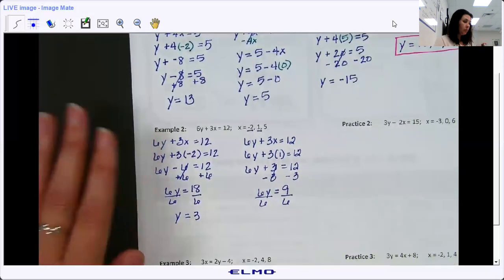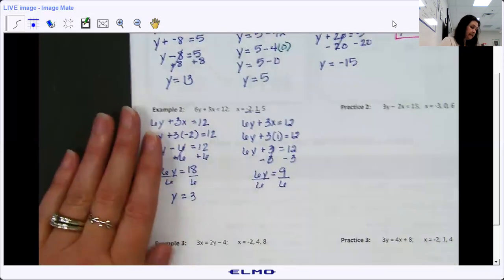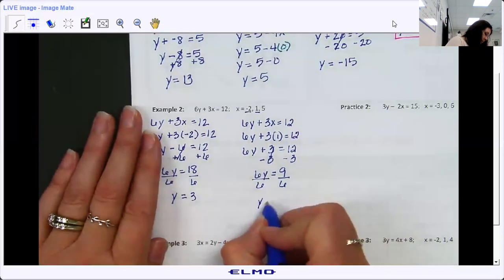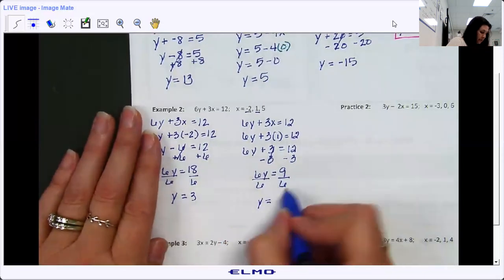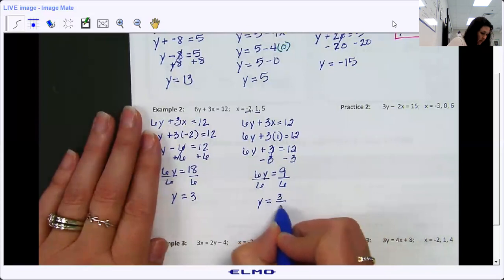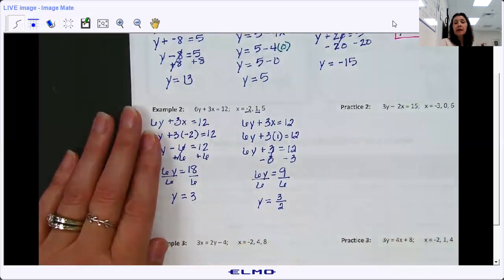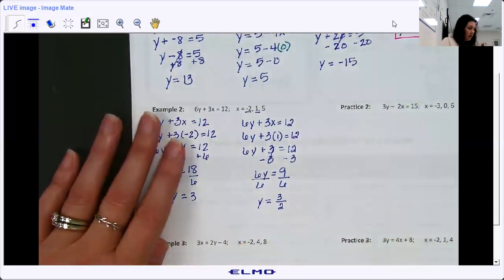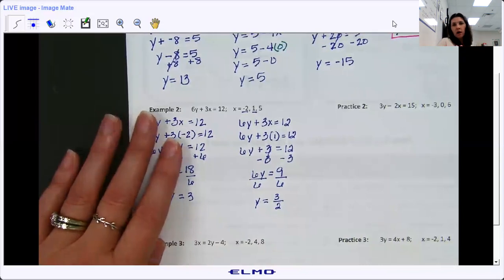One thing you need to remember when you end up with fractions is that you always need to simplify them. So the simplified version of 9 over 6 is going to be 3 over 2. And I do like you to keep them as improper fractions. And students ask me why. It's because when we get into graphing, we need to graph using improper fractions rather than mixed numbers or decimals.